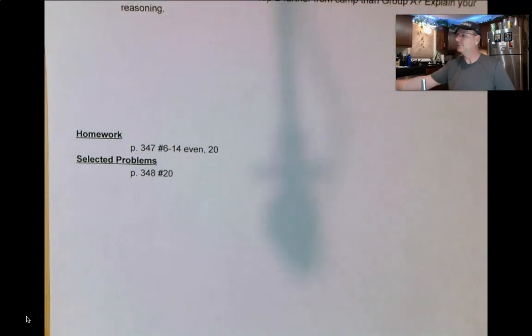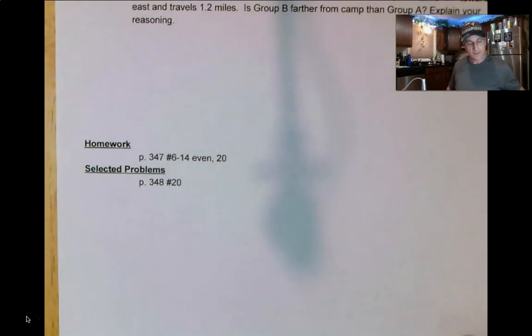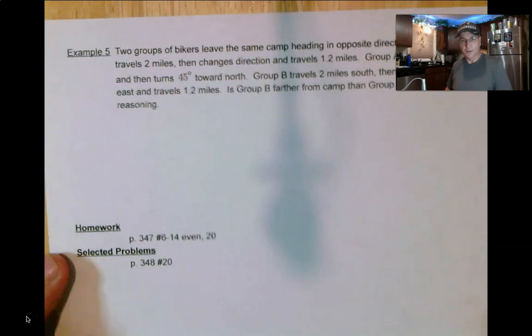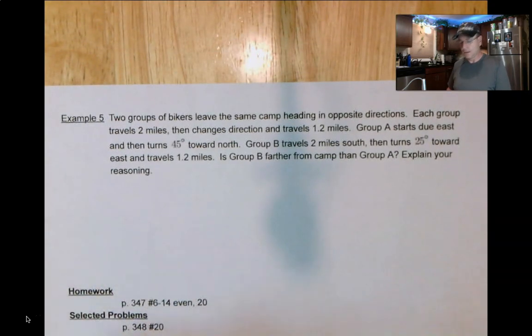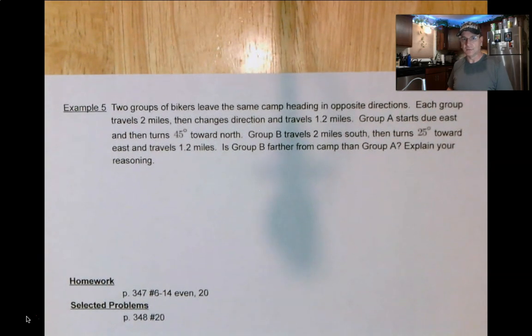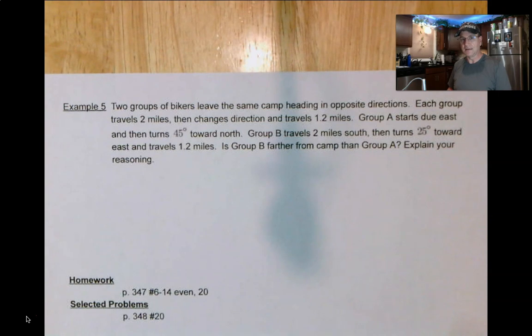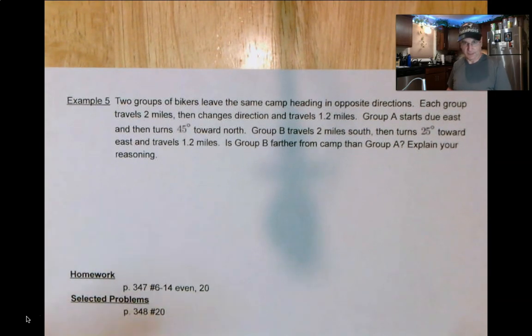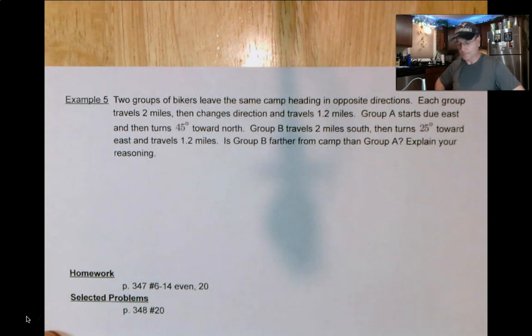All right, example 5. This one is challenging to draw, and the drawing is key to solving this problem. Once you've got the drawing down, then solving this problem is not that hard. It's another hinge problem, obviously.